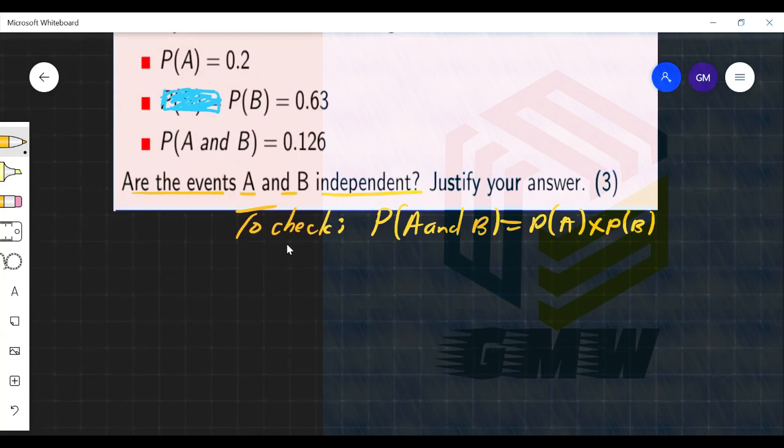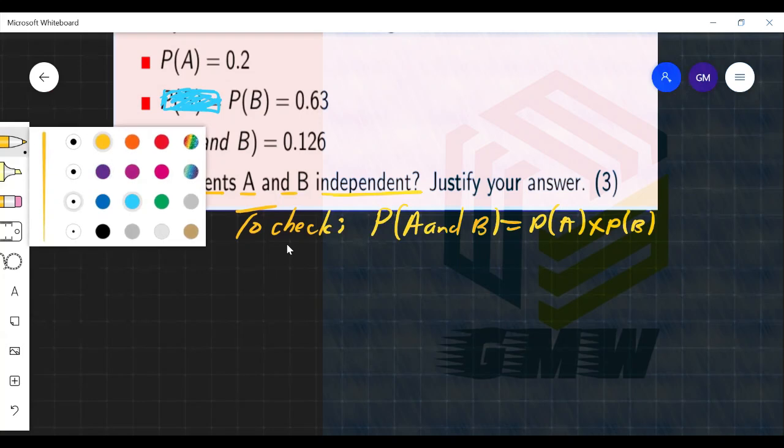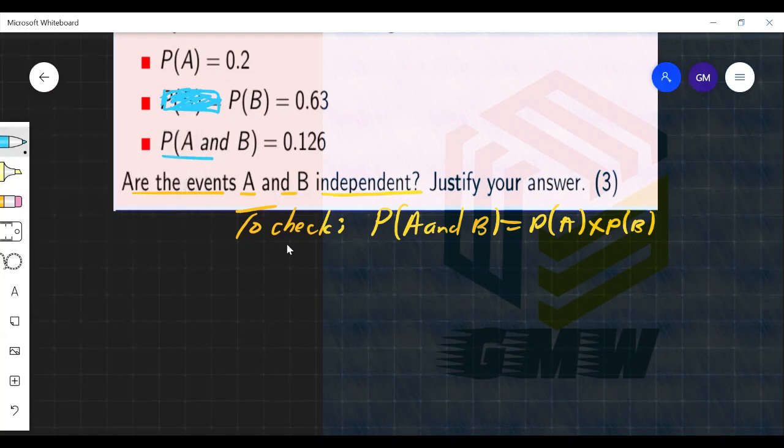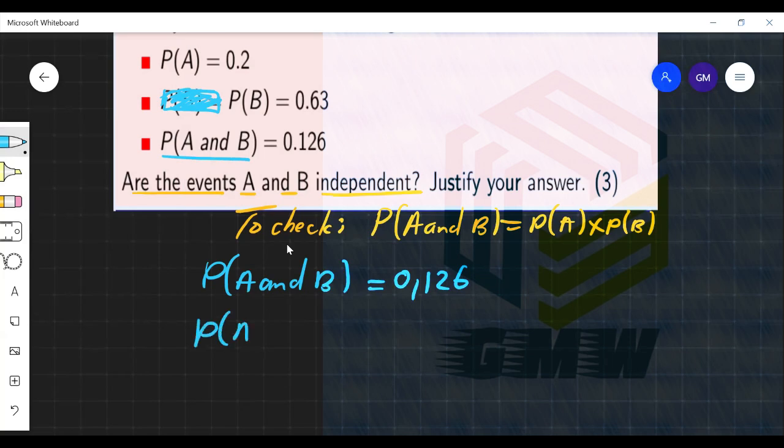However, the way to write this answer is, do you see that probability of A and B is given? What is the value? 0.126, right? Yes. Now let us look at probability of A separately times probability of B. We are taking the numbers now.